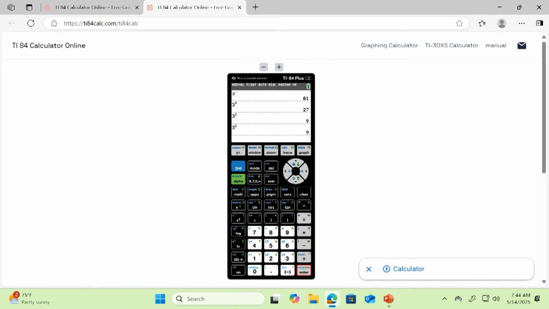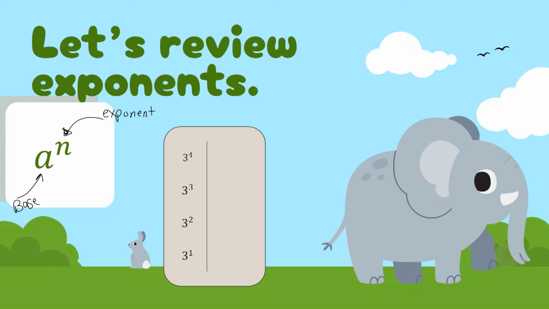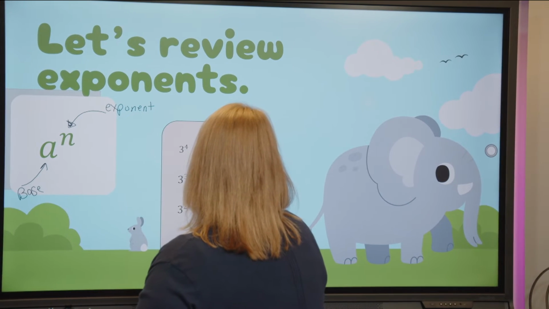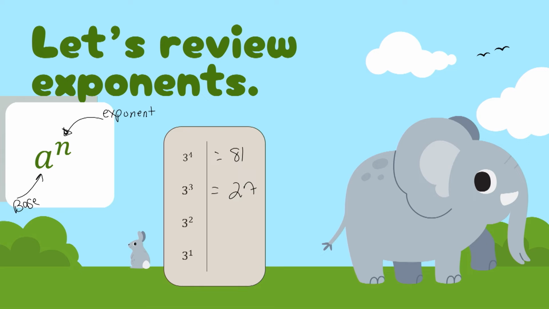The more we get into our unit, the more we'll use this calculator and we'll get more familiar with it. So then I had 3 to the 1st. This is how we plug those exponents into our calculator. So we said that 3 to the 4th equaled 81, 3 to the 3rd was 27, 3 squared was 9, and 3 to the 1st is 3.